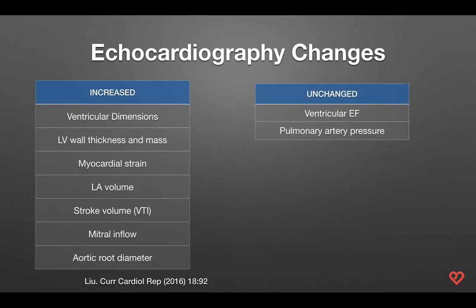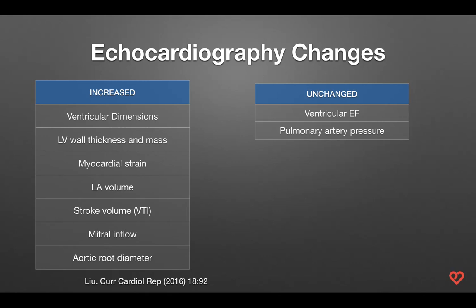By echocardiography, it's important to remember what's not changed during pregnancy. Your overall EF doesn't change and your pulmonary artery pressures don't change. Remember, we talked about the vascular resistance, whether it's systemic or pulmonary vascular resistance does decrease during pregnancy.